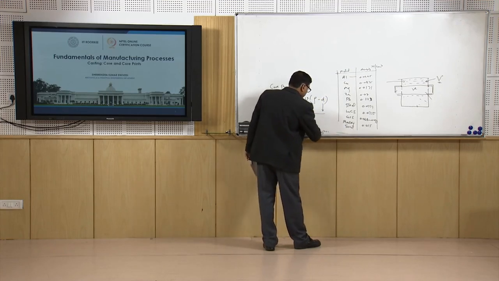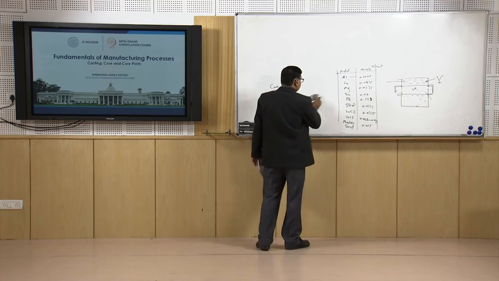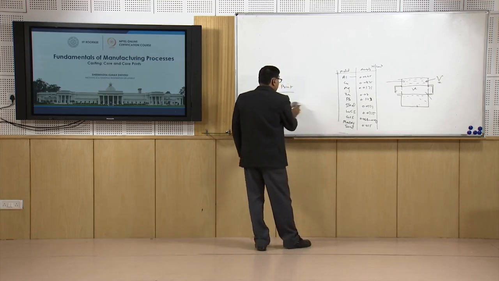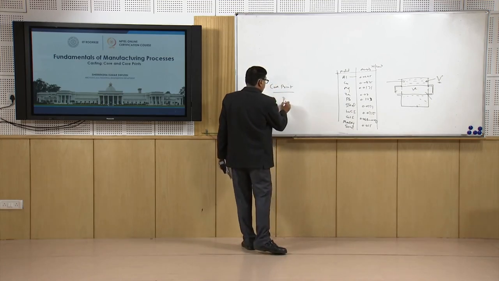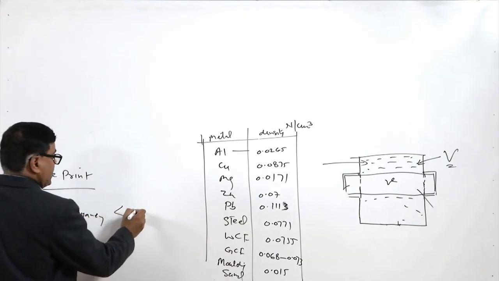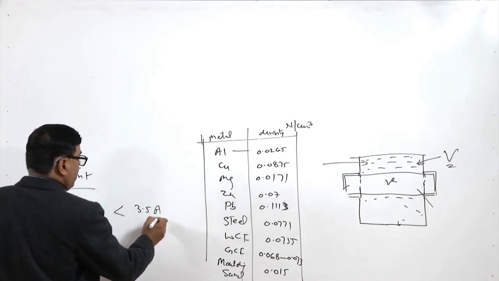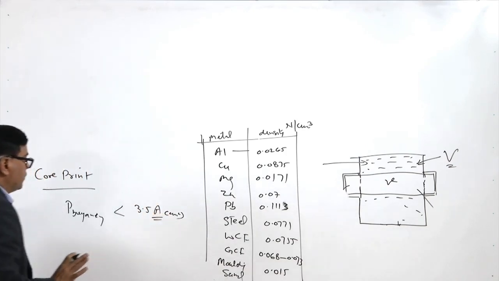If the core print area, as per this, is bigger than the value of the buoyancy force, that is, P is less than 3.5 A in centimeter square, then the core print area is found to be enough.